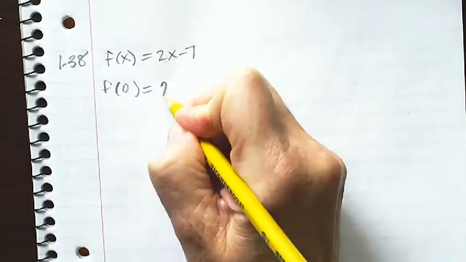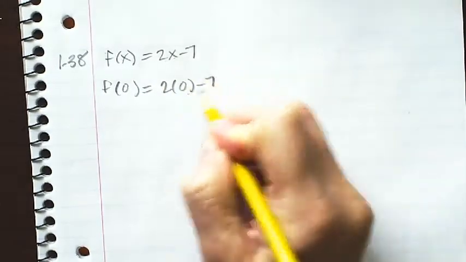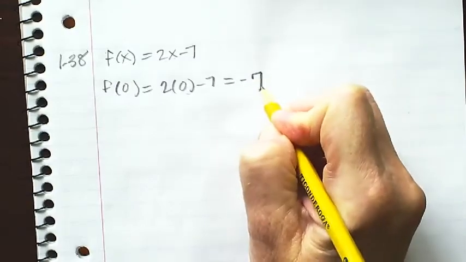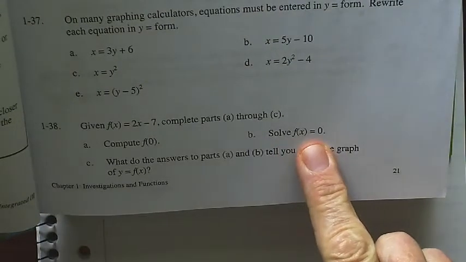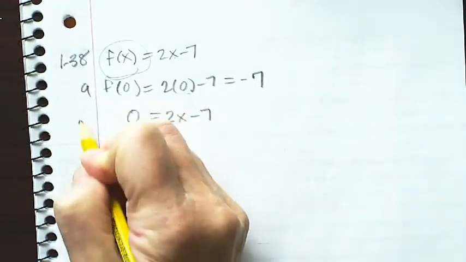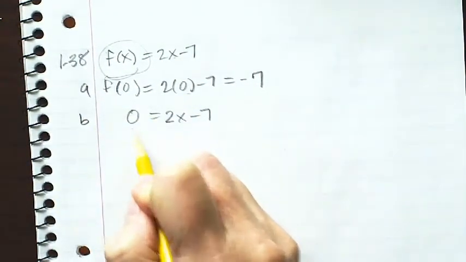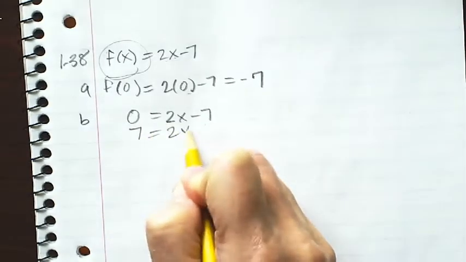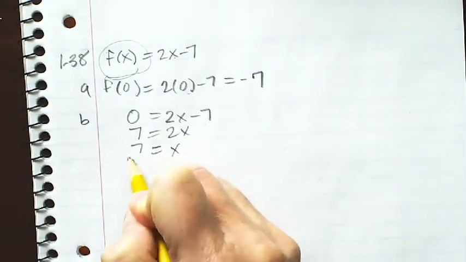So that would give me 0 minus 7, which is negative 7. Then it says solve f of x equals 0. So I'm setting f of x equal to 0. So 0 equals 2x minus 7. So then add 7 to both sides, divide by 2.